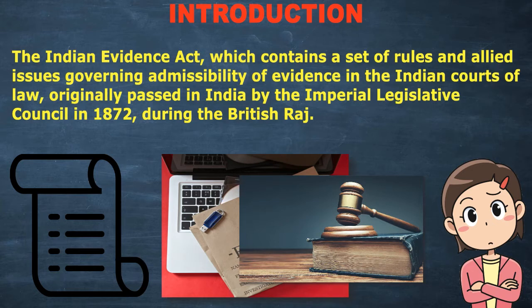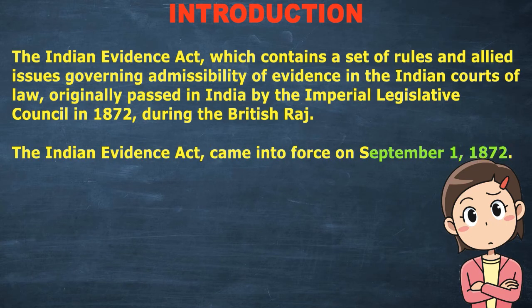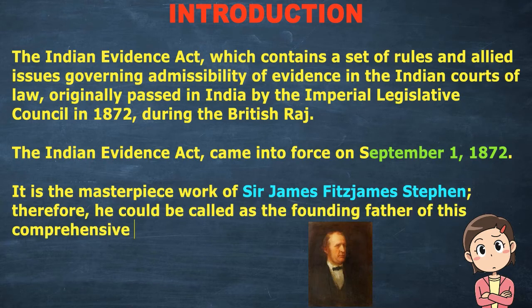It contains a set of rules, as mentioned here, and allied issues governing admissibility of evidence in the Indian courts. So simple. The next point is, it came into force on September 1st, 1872. And lastly, it is the masterpiece work of Sir James Fitzjames Stephen. Therefore, he could be called the founding father of this comprehensive piece of legislation.